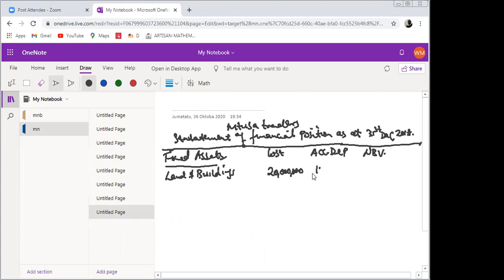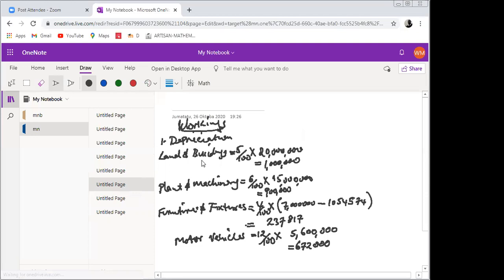Sorry, there is one point that I was almost forgetting. That last additional information: the business has been in existence for 5 years. Now I've seen where we need to apply that statement. Remember, if the depreciation is on cost, this 1 million is the depreciation for only this year.